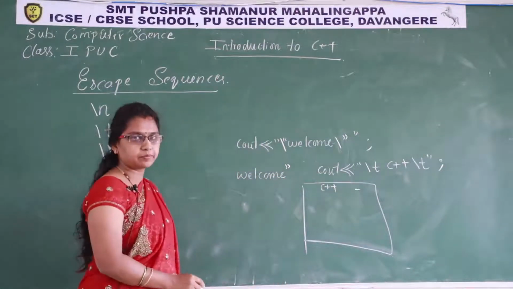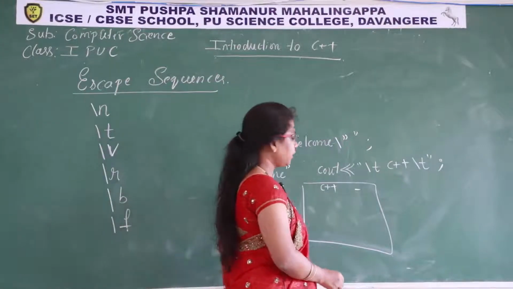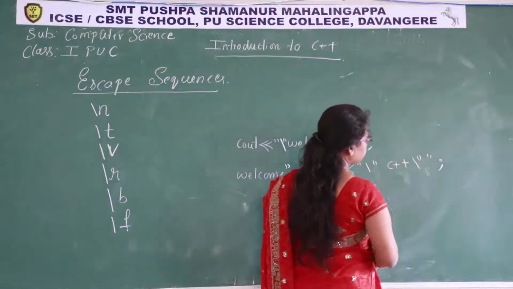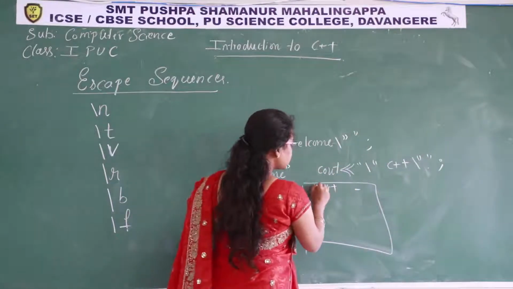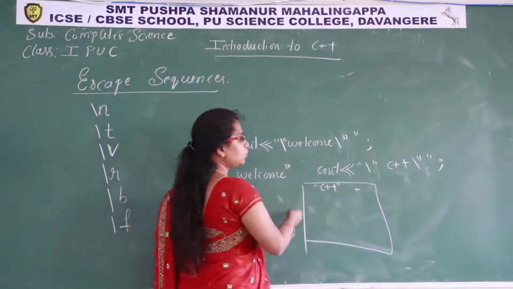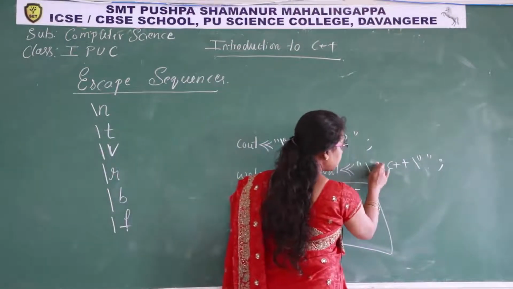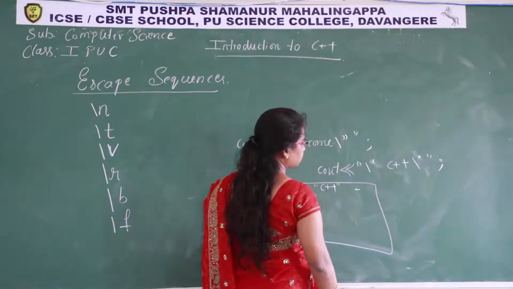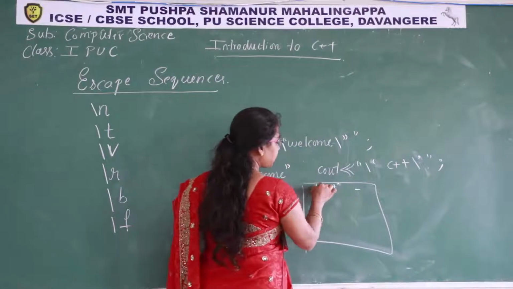In this way it displays. Instead of backslash t, if I give backslash double quotes, then the C++ will come in double quotes. If you want to give a single quote, then backslash single quote. Here also backslash single quote. Then this text will be displayed in single quotes.